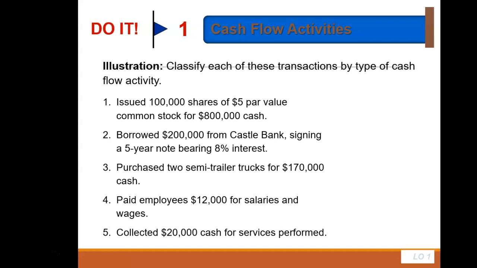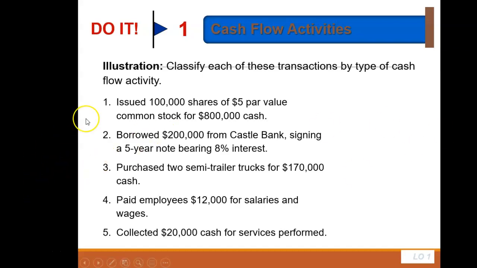So here we have a few different types of activities. The question is, for 1 through 5, can you identify each as either being an operating activity, an investing activity, or a financing activity? So you ready? Let's go.